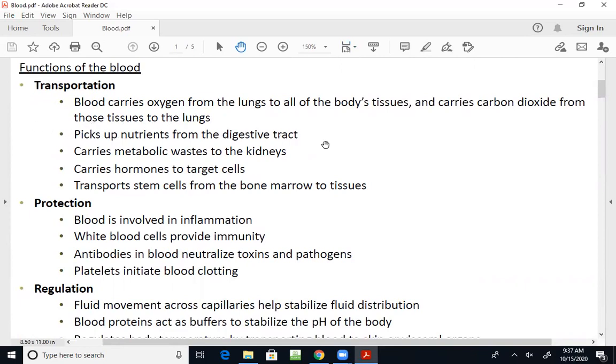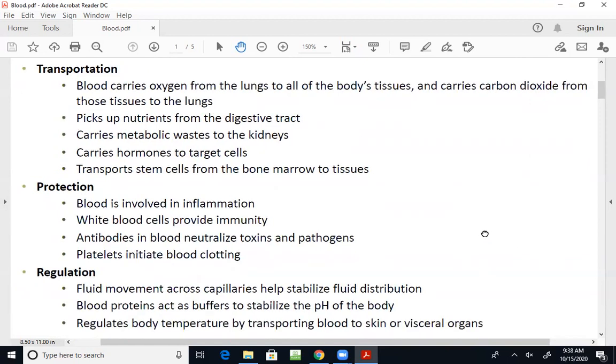We pick up nutrients from our digestive tract, things like glucose and other carbohydrates, amino acids, some fats, water, electrolytes, a lot of different things that we ingest. Metabolic wastes are carried to the kidneys to then be filtered out and made into urine to be excreted out of the body. We just recently got done talking about hormones and how we carry those to our target cells. We transport stem cells from bone marrow to tissues.